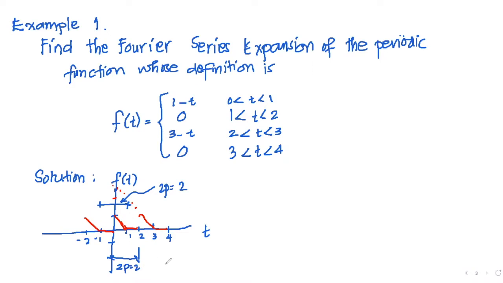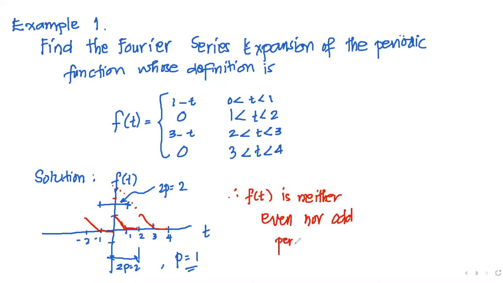So this is neither odd nor even periodic function. So we should put a note here in our solution that this f of t is neither even nor odd periodic function, so that we may be able to know what we are dealing with and what Euler constants need to be determined.